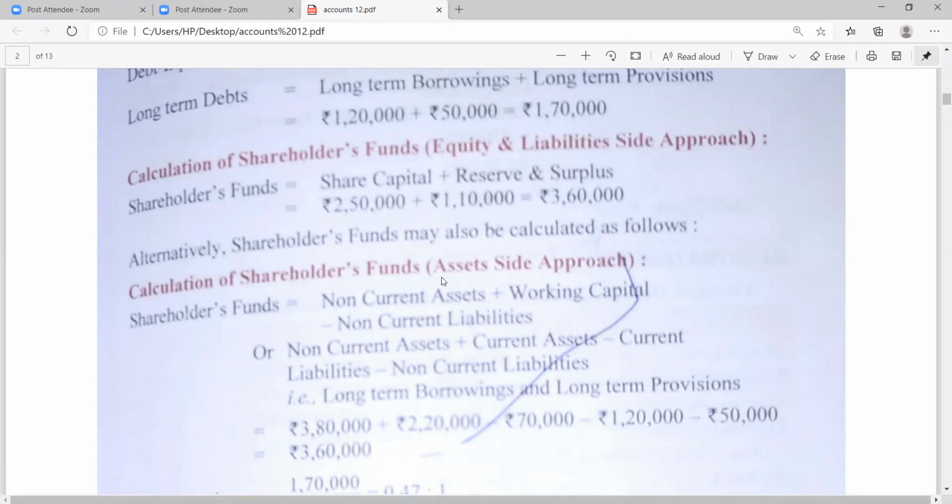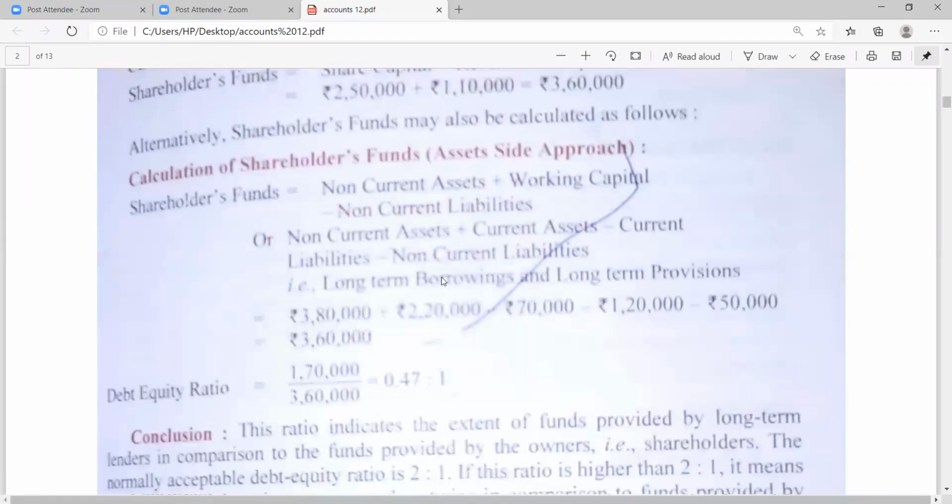But don't forget to write all these formulas together to avoid confusion. Now after calculating the debt and equity, we put them in the formula and we get the ratio 0.47:1.